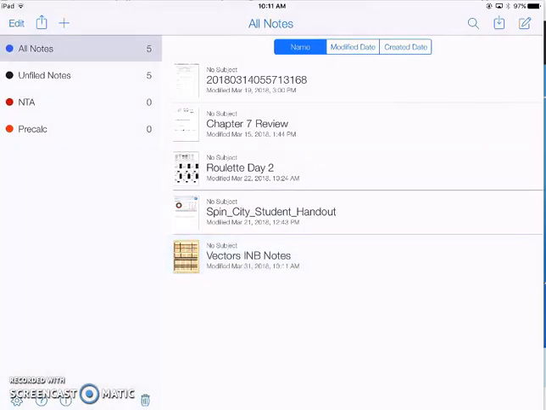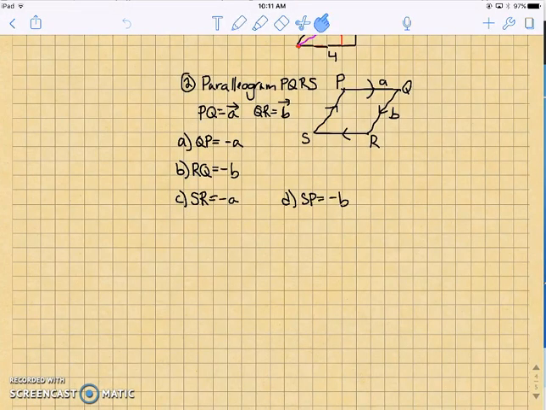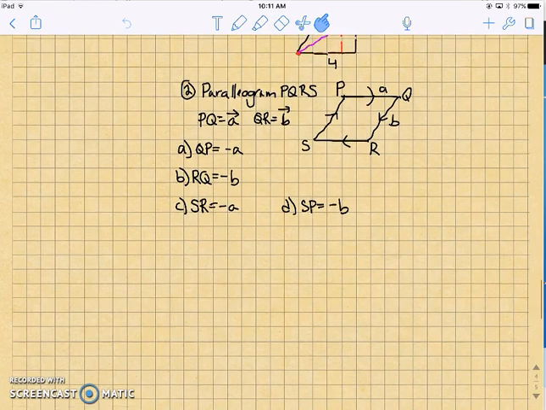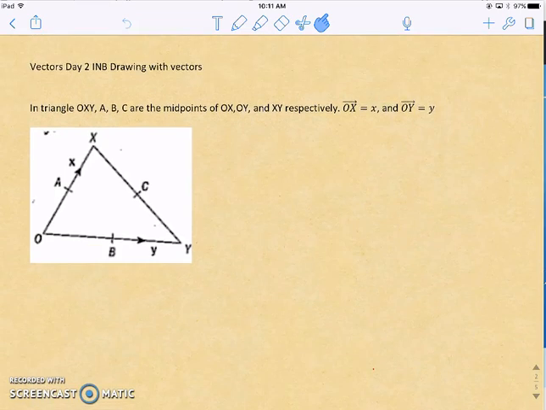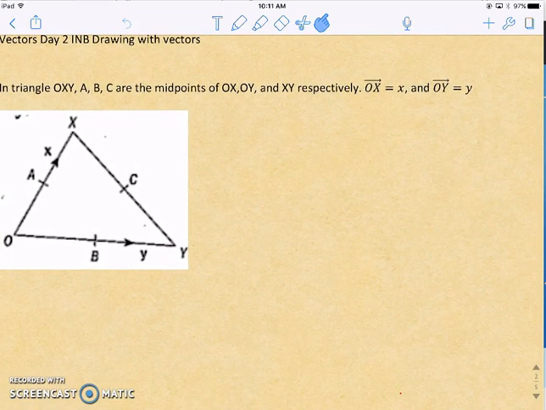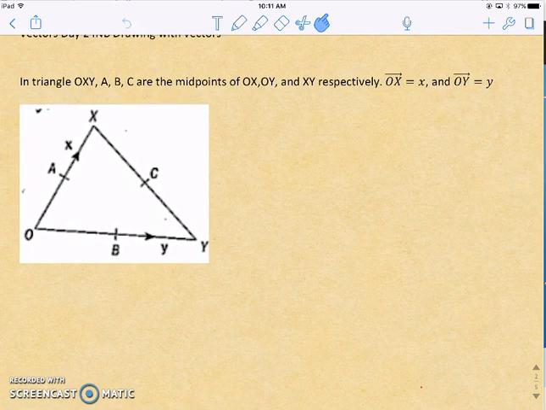Now, I'm going to hand you guys one that you will be placing in your notes. Okay, so let's see. Right here, we have this triangle.